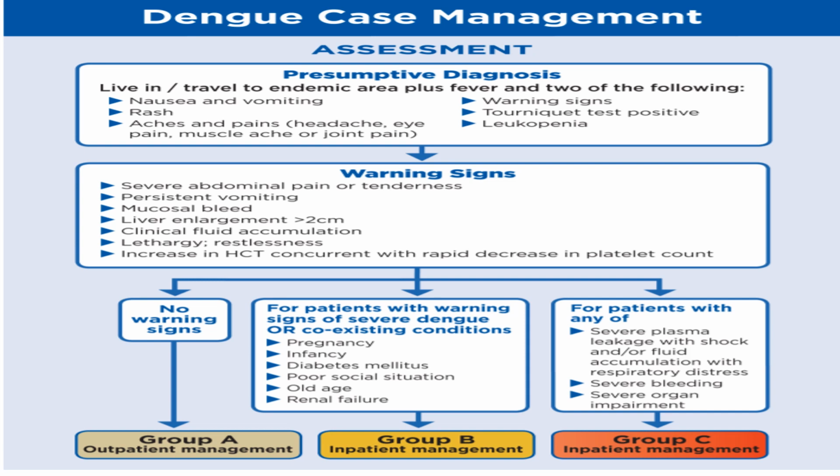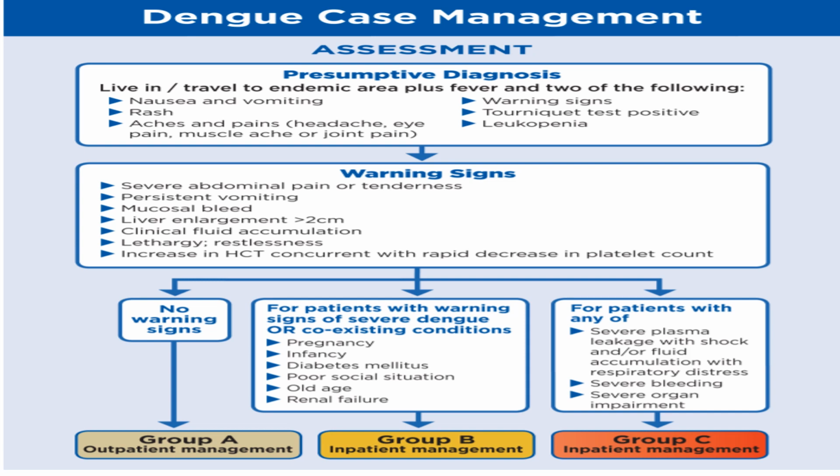If the patient is having a travel history of an endemic area, nausea, vomiting, rash, aches, retro-orbital pain, headache, and along with it tourniquet test positive, leukopenia, warning signs, whatever. So all this picture scenario we will classify as we learned from the previous slides, and based on that we will progress further. And as we have already discussed, we'll check for the warning signs.